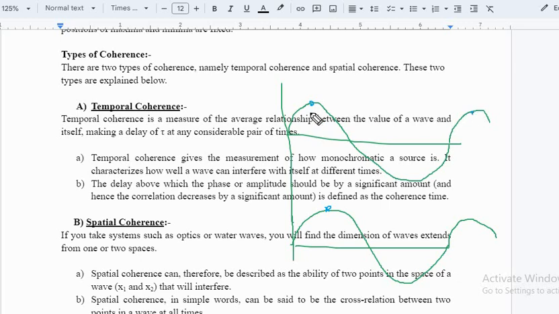The point comes to the same point after covering some distance, and this also comes from here, and they are maintaining their phase value. So initially there was no phase difference between them, and again when they come here, there is no phase difference. So after a certain time, say time Tc, there will be no phase difference. Then we consider these two waves to be coherent in nature. Which type of coherent? They are temporal.